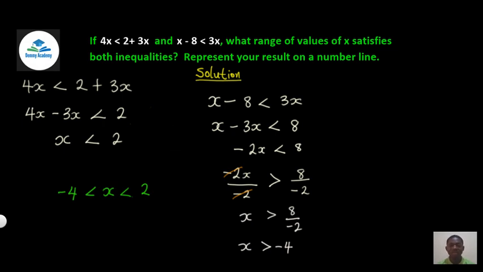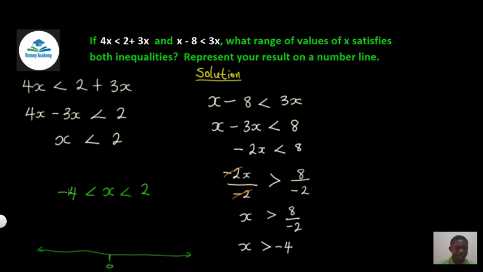The next thing for us now is to represent this on a number line. So we draw a number line. Let me try to move this away from here and prepare another one. Let's say this is 0.